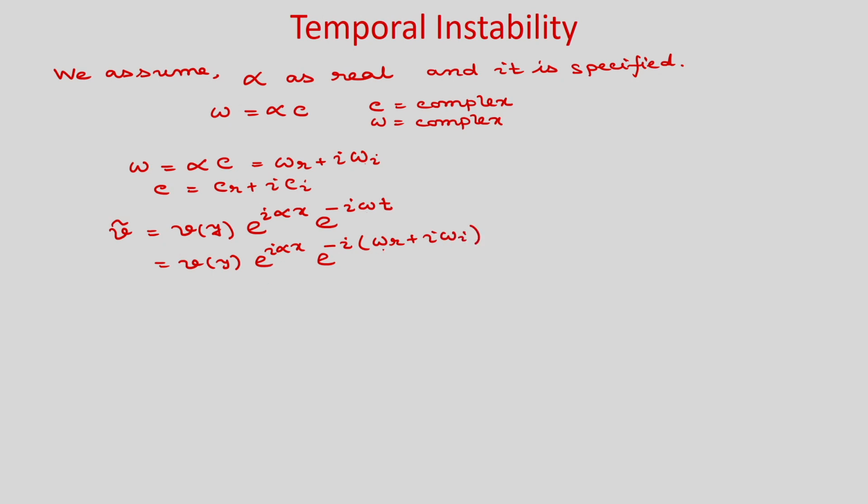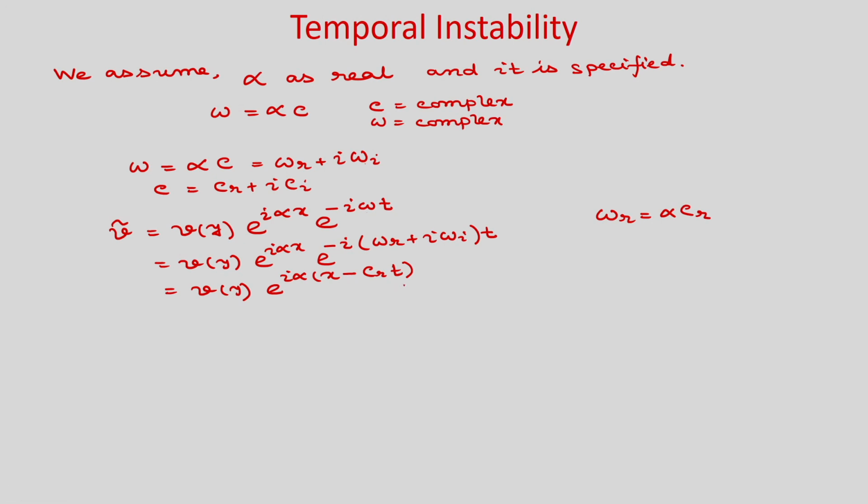So, this will become minus i omega r, and we can club that with this. So, it will be e to the power i alpha x minus c r into t. So, we have written omega r is equal to alpha into c r. Okay. So, alpha is real, right.